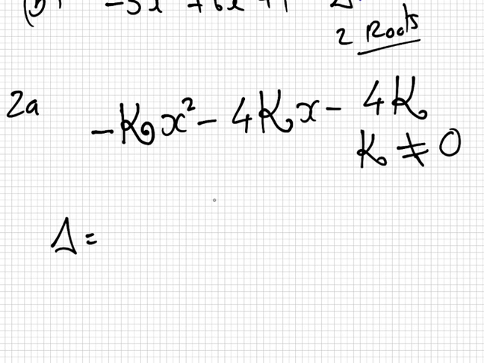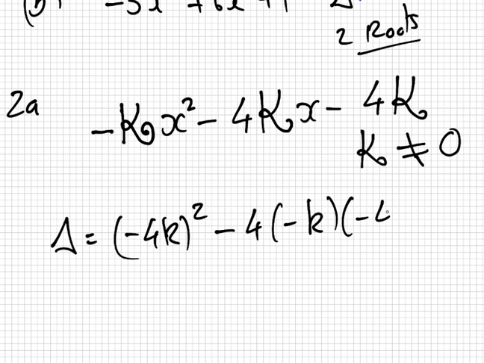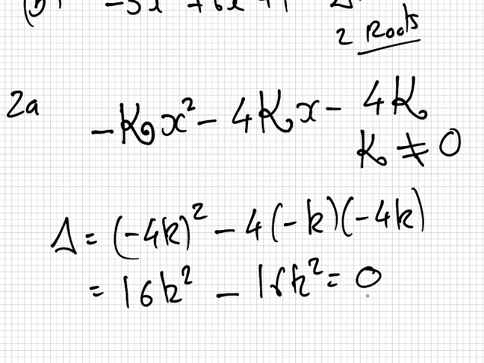I'm going to go back to doing k properly. Minus 4k squared. So that's b squared minus 4ac. So that would be 16k squared minus 16k squared, which in this case is 0. So, yeah? No? 1 root.